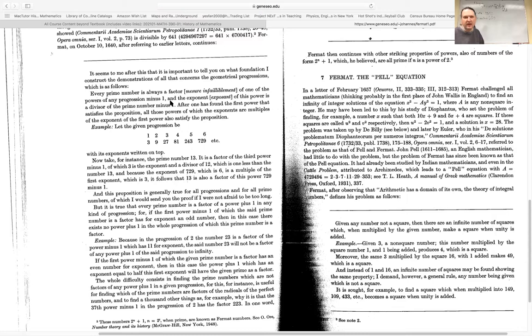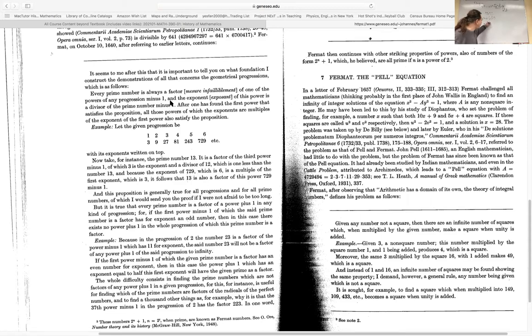Progression here means one of the powers of any progression. I think that just means any number. I don't think that is really scary as a progression. So every prime number, I'll write this, is a factor or divides one of the powers of any progression minus one.